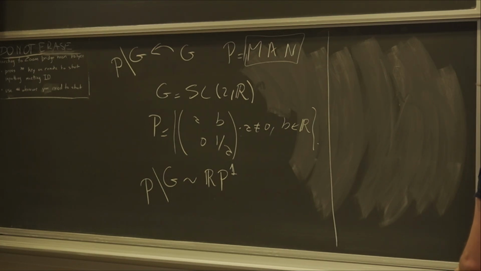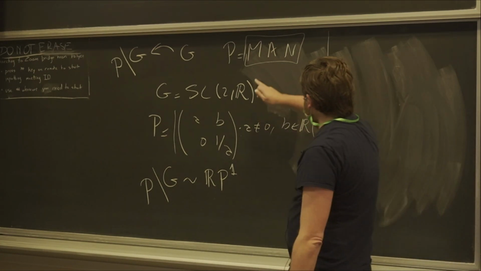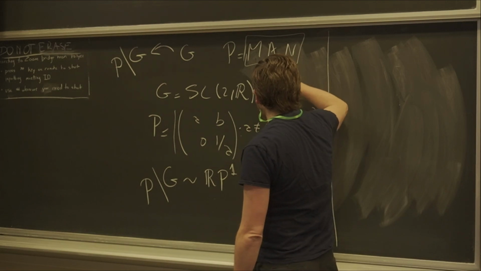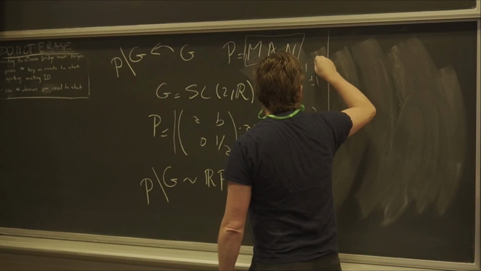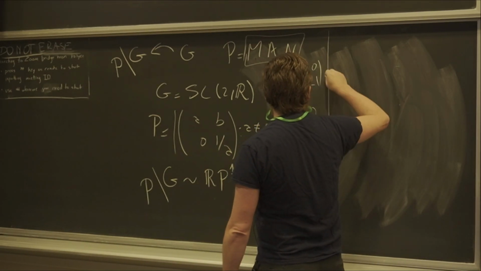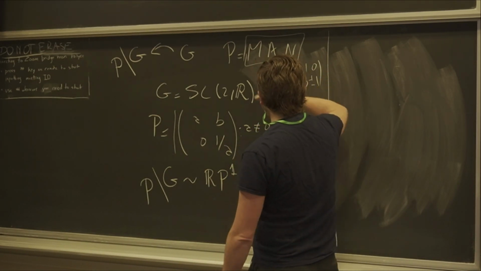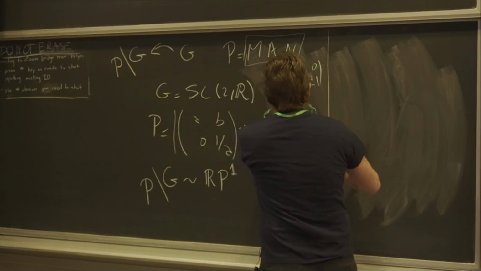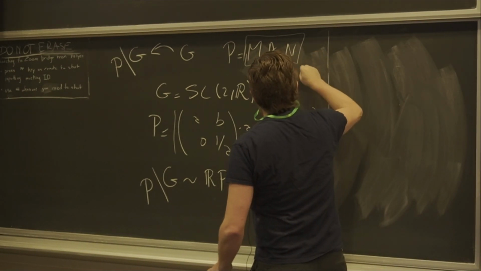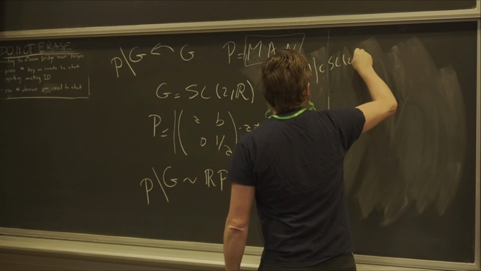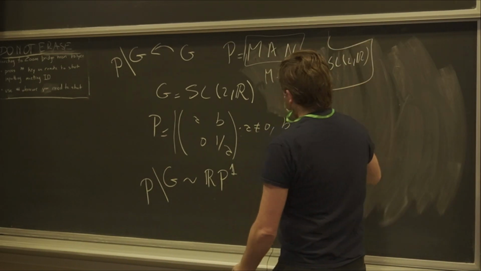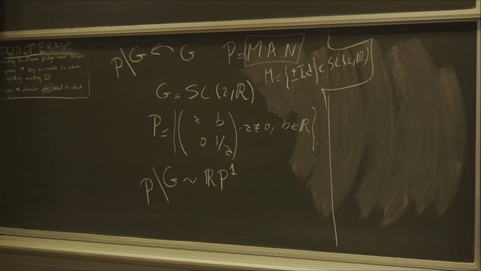So in this case, M is these matrices. Actually, it has to be in SL2, so it's plus or minus identity. Which then M times A times N gives you this.